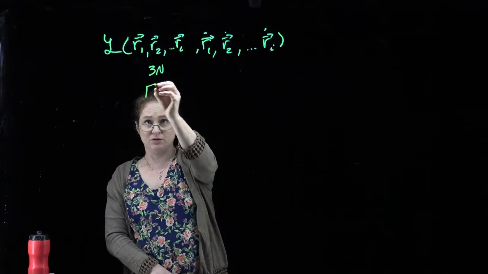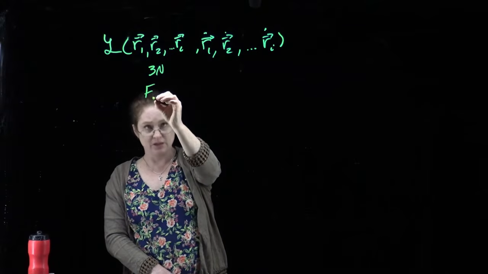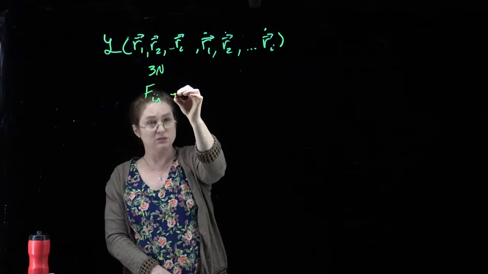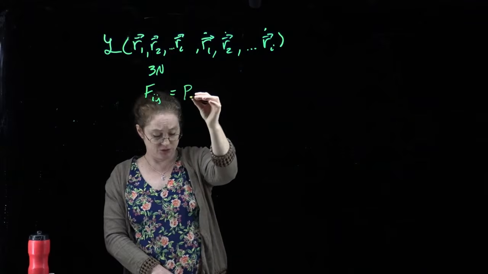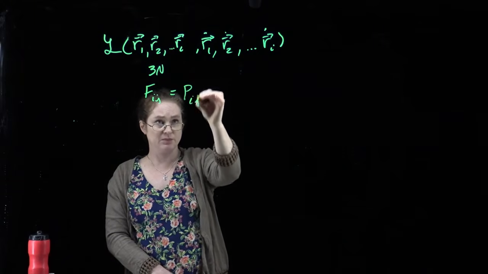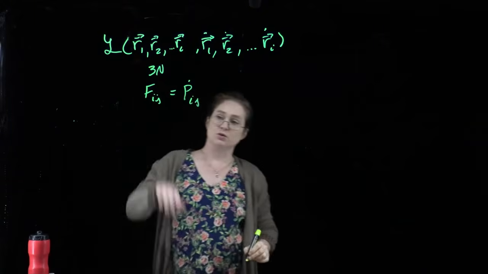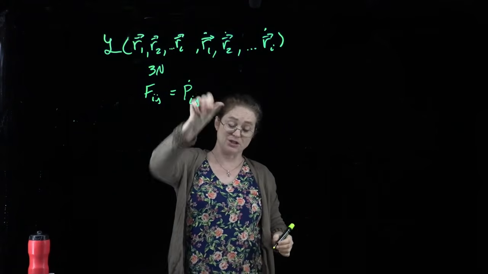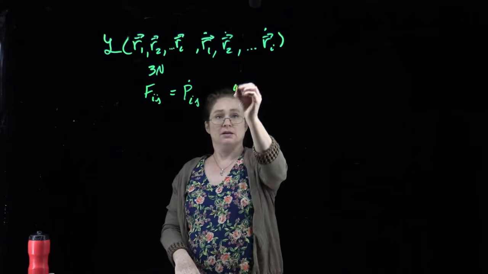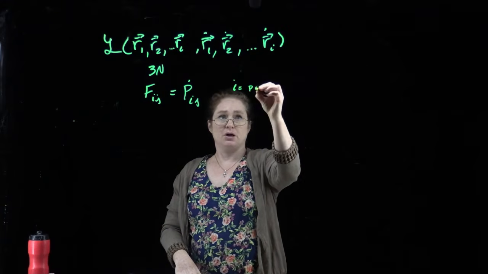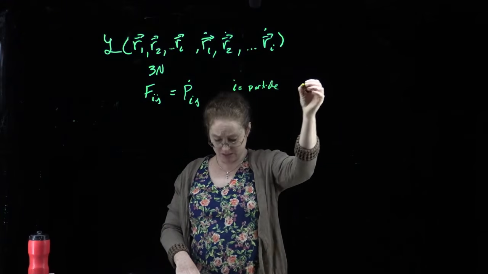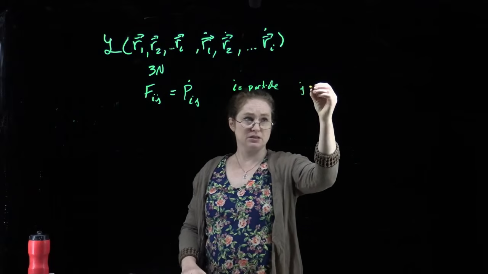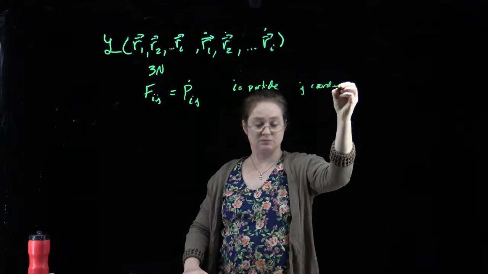We have generalized forces, Fij, and generalized momenta, Pij. So the Lagrange equations say that the Fij are equal to the Pij dot. I is the particle, and J is the coordinate.